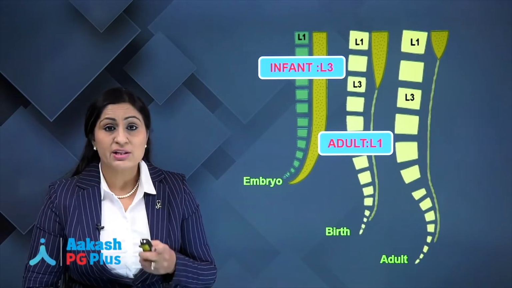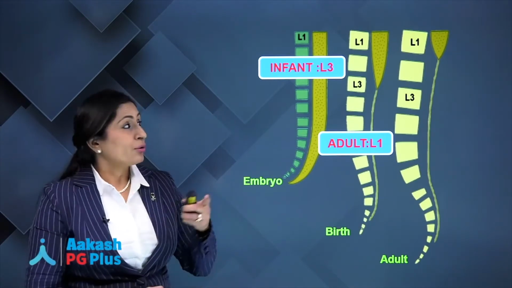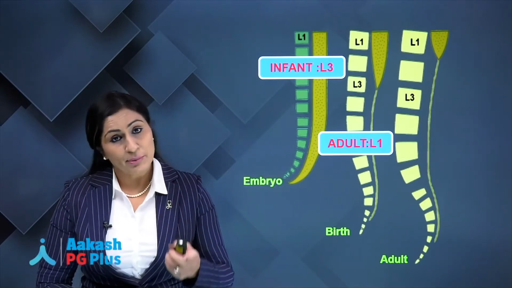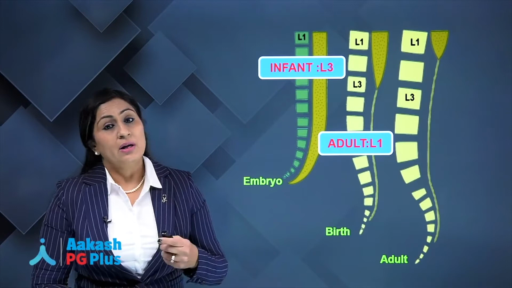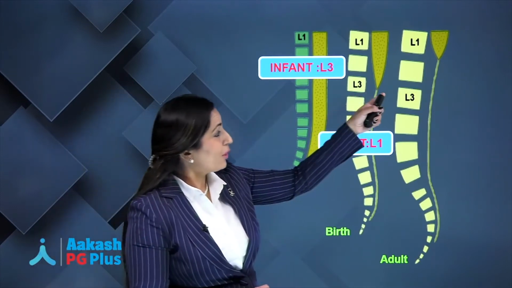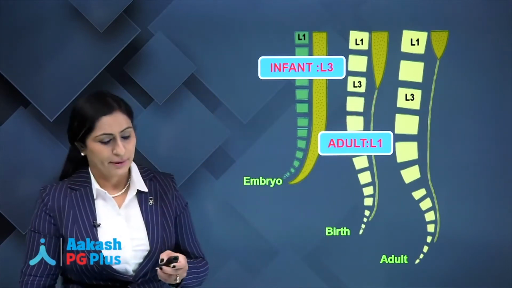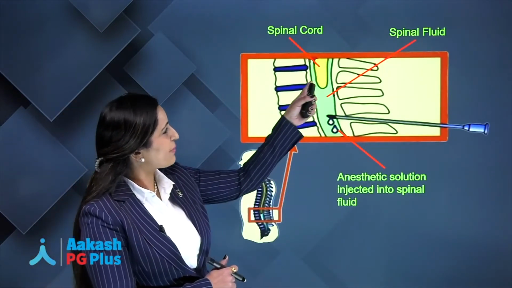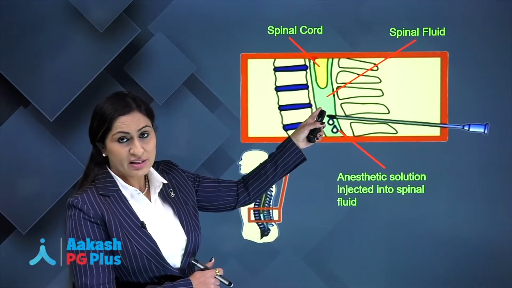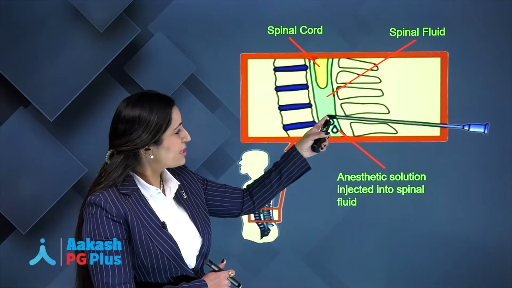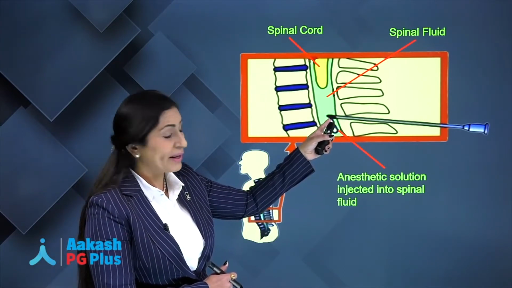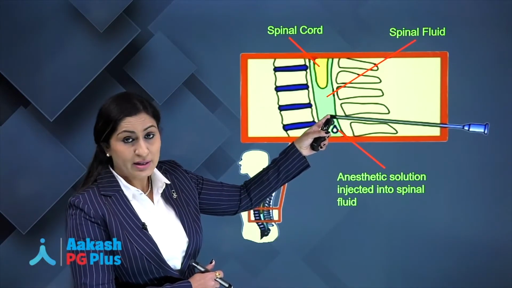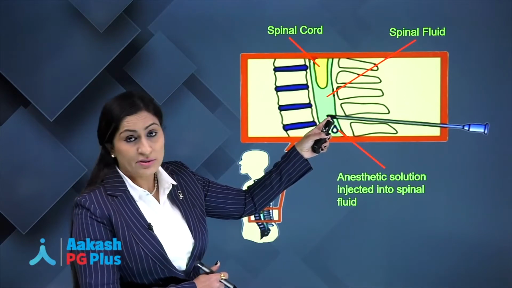That means it is safe to do any procedure like spinal or a lumbar puncture or an epidural anesthesia beyond L2 in an adult. So this slide shows that this is the spinal cord and that's the CSF, and here in the CSF, that's the place where we put in a spinal needle to give spinal anesthesia and deposit the drug, right?